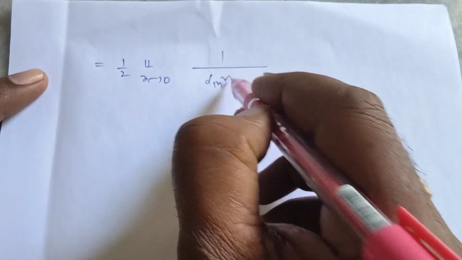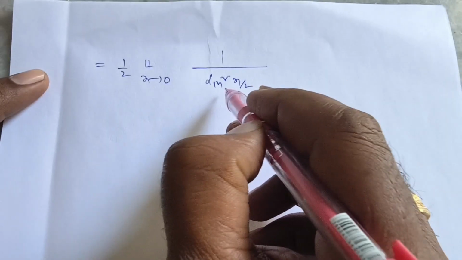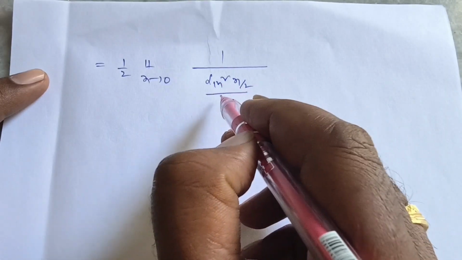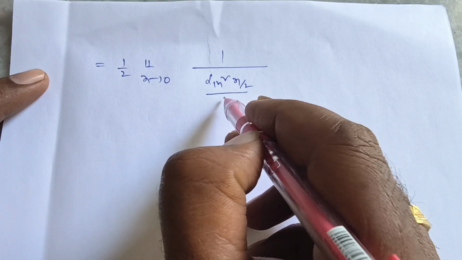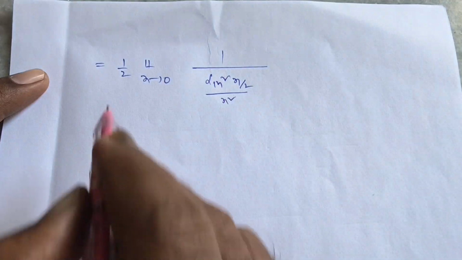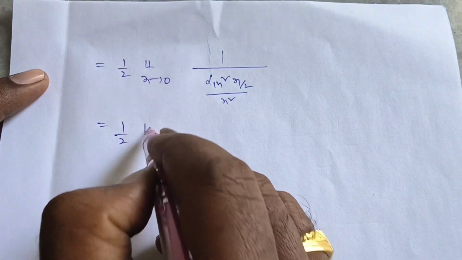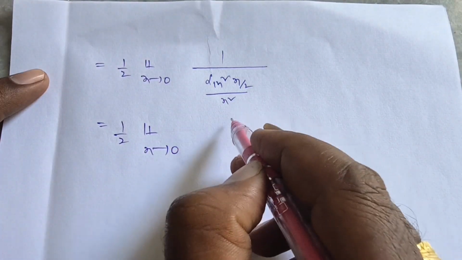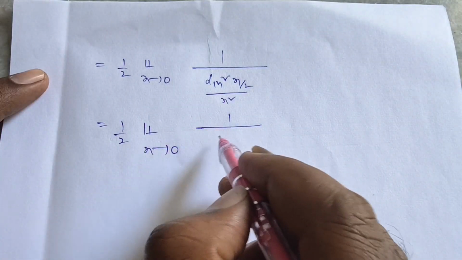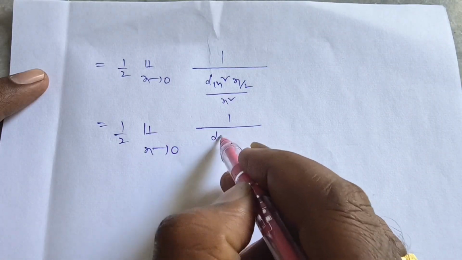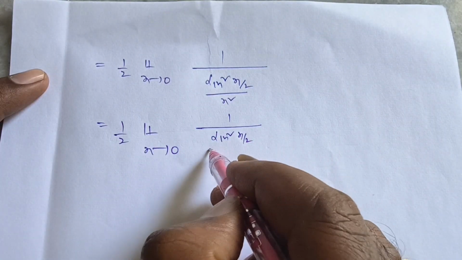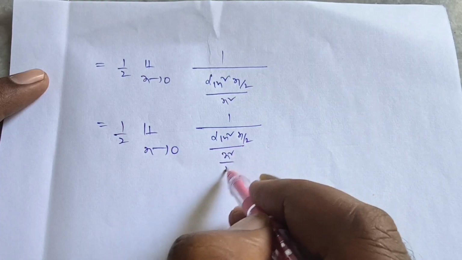So x square cancelled out. The numerator value is 1. 1 by 2 limit x tends to 0, 1 by (sin square (x by 2) by x square).